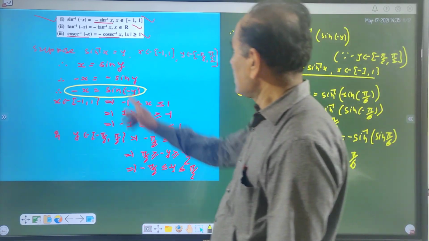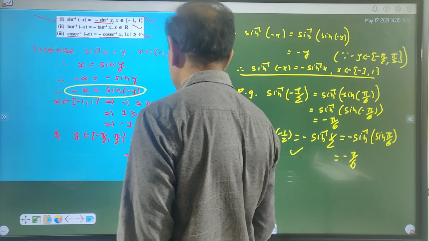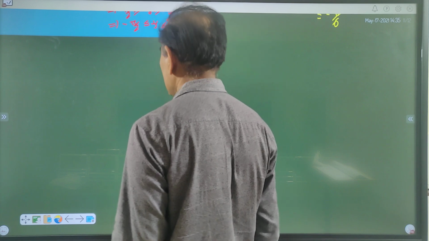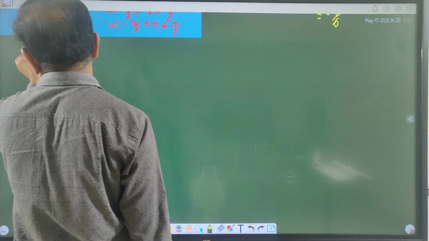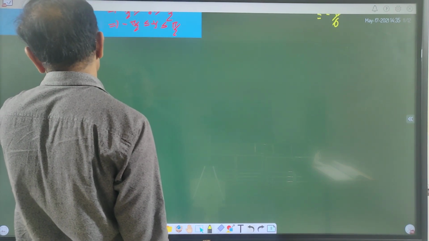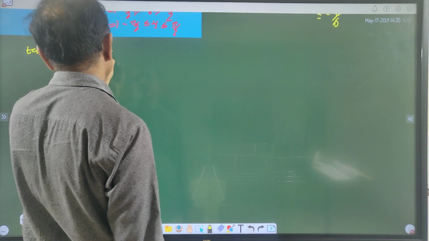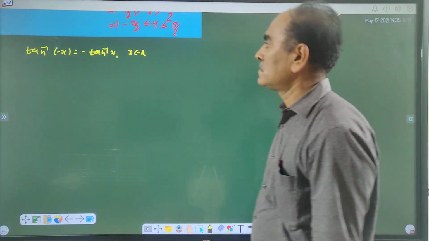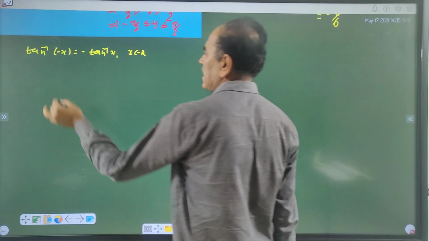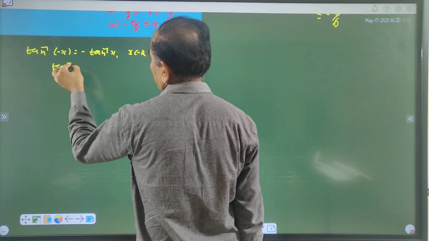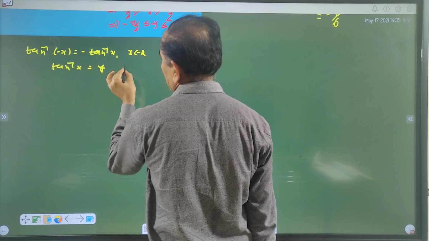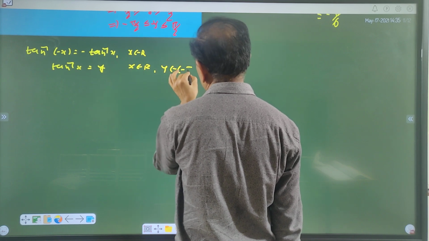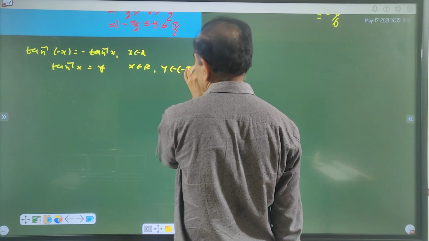Clear? Next our aim is to prove the second part, tan inverse minus x. Second part we want to see: tan inverse minus x is equal to minus tan inverse x, where x belongs to R. Here, on the same line, suppose tan inverse x is equal to y, where x belongs to R, y belongs to the open interval minus pi by 2 to pi by 2.